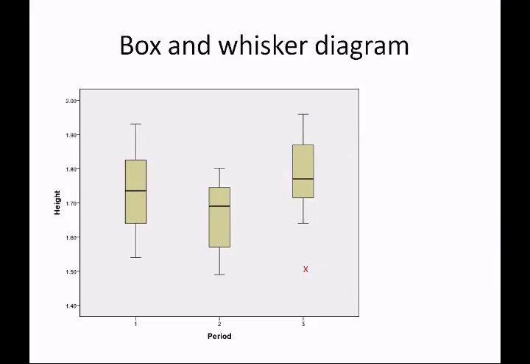So if we go back and have a look at the full box and whisker diagram, the sample number 1 on the left looks nicely balanced. The median value, the bold line in the center, is central, and the various quartiles are evenly distributed on either side. Sample 2, the middle sample, looks as though it might have a left-hand skew.